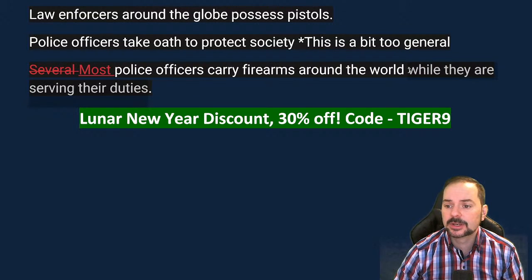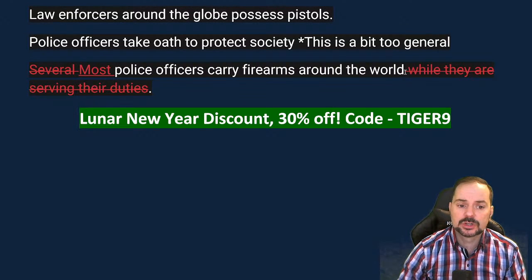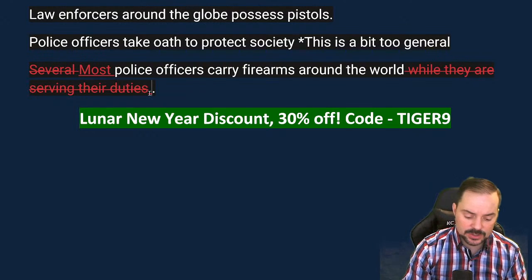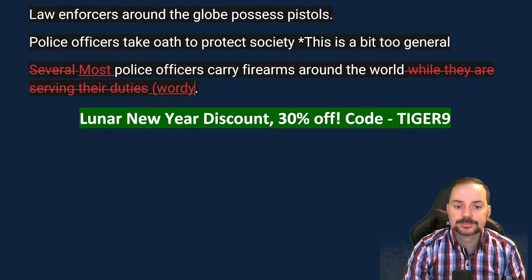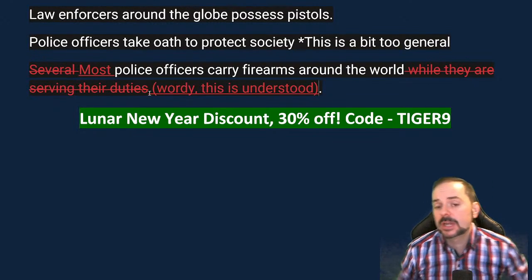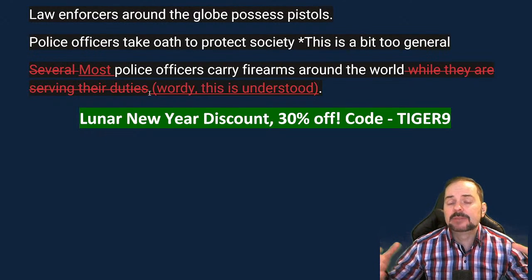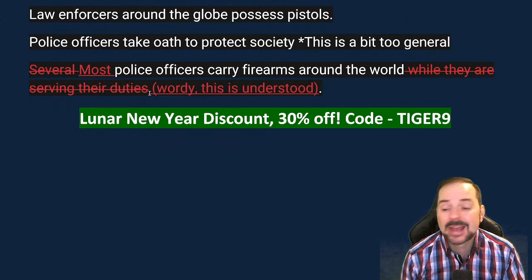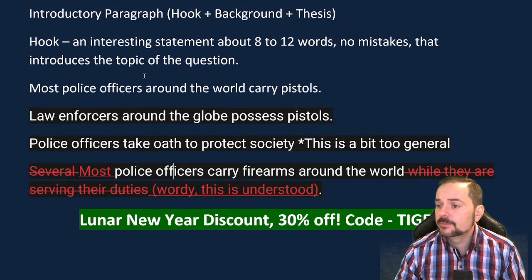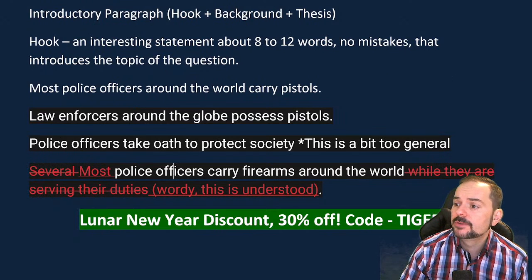This is unnecessary. While they are serving their duties, my comment on your sheet here would be unnecessary. This is understood. Okay, or wordy. So for Band 8, Band 9, Bandita, you have to be concise and you have to eliminate information that's not necessary for your essay, right? Okay, so otherwise, very good. So I think there's a lot of good statements there.